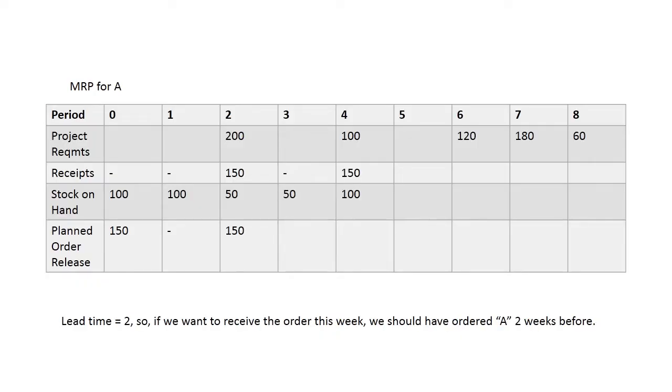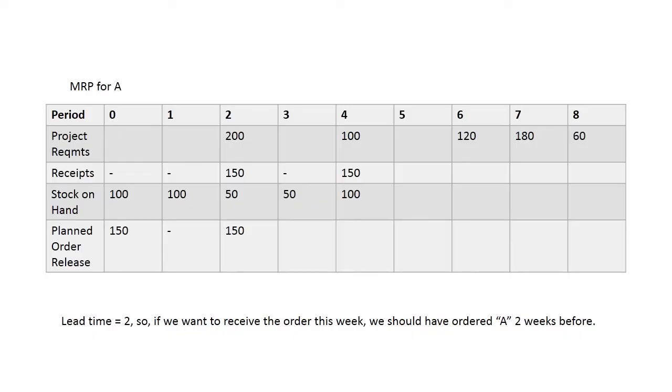In the fourth week the requirement is 100, but we only have 50 units in our inventory. So we need to make an order. We make an order of 150 units, 2 weeks prior, so that it reaches in the fourth week. So 50 plus 150 is 200, and 200 minus 100 is 100.